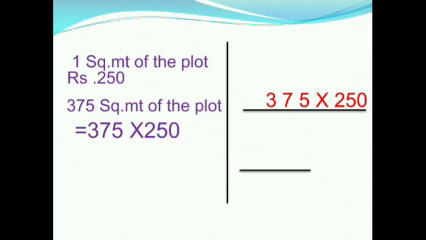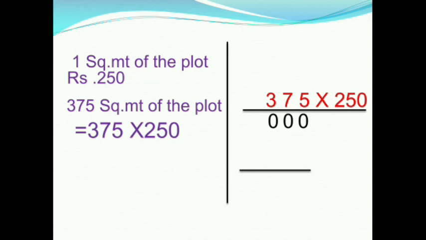First we should multiply 0 and 5. 0 5s are 0. Next we should multiply 0 and 7. 0 7s are 0. Next we should multiply 0 and 3. 0 3s are 0. Now we should multiply 5 and 5. 5 5s are 25.